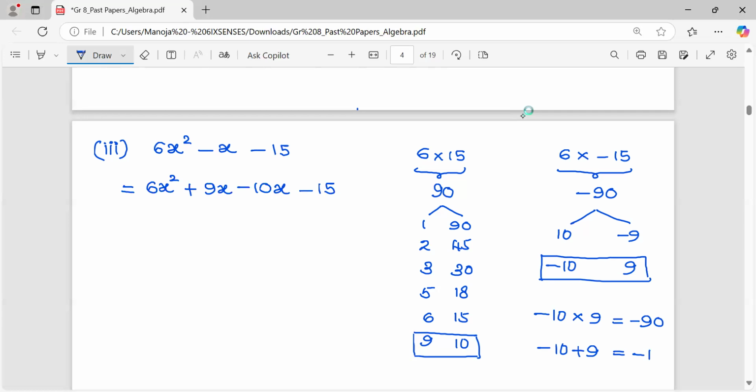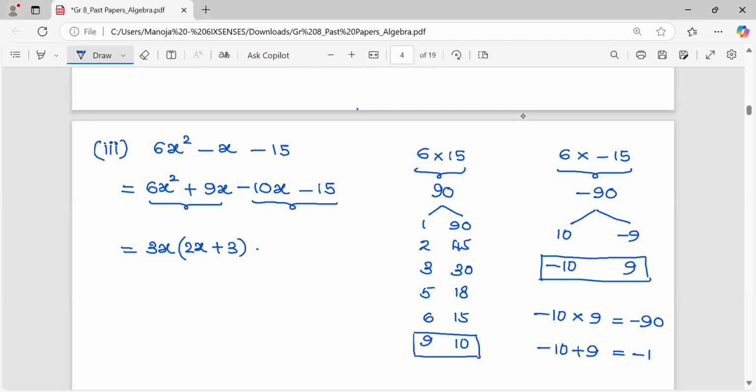Either way it works, but I thought that the 6 and 9 are multiples of 3, and 10 and 15 are multiples of 5. So either way you can decide. Now I pair them, and with 6 and 9, 3 is common, and 3x I take out. So then here 2x plus 3.